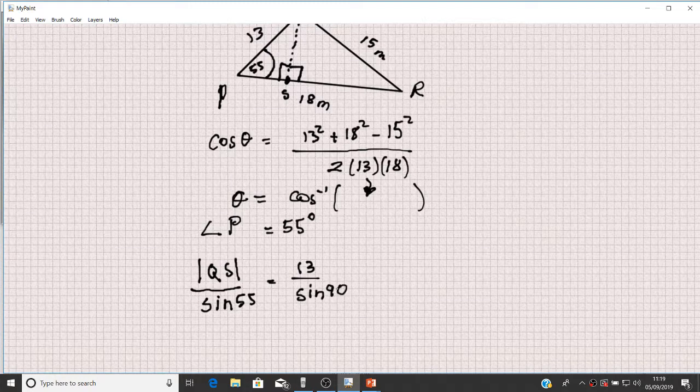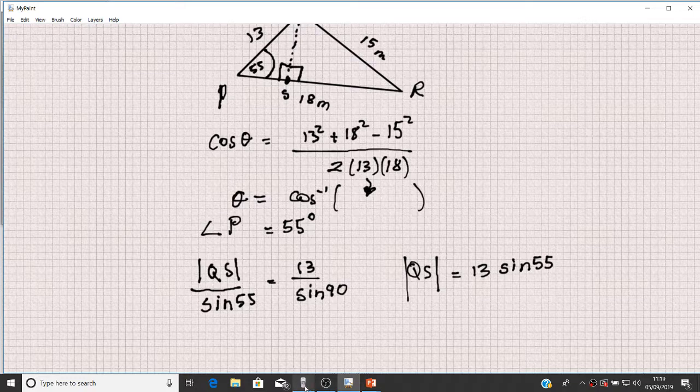Now sine 90 is in fact 1. So QS, the shortest distance between point Q and the length PR, is 13 sine 55. As I said, sine 90 is 1.